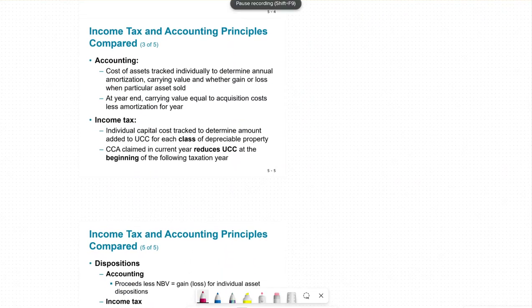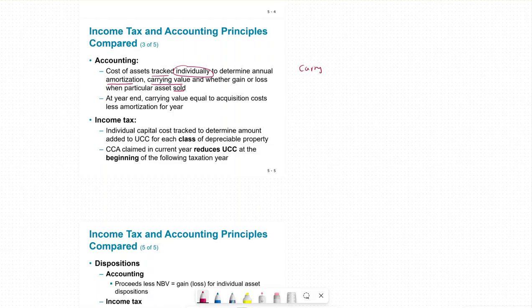Going further, the cost of the capital asset is tracked individually to determine the annual amortization, then the carrying value, and whether there is a gain or loss when it is sold. When do we have a gain?